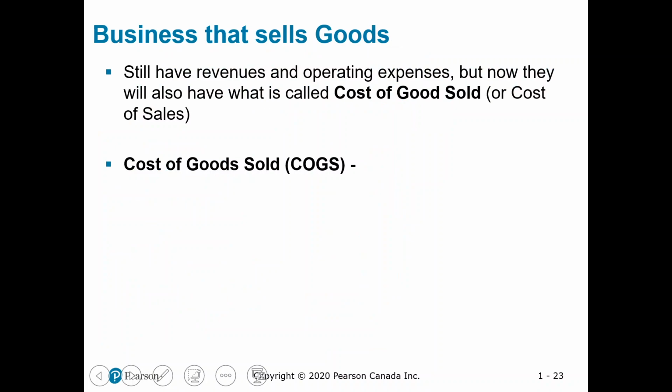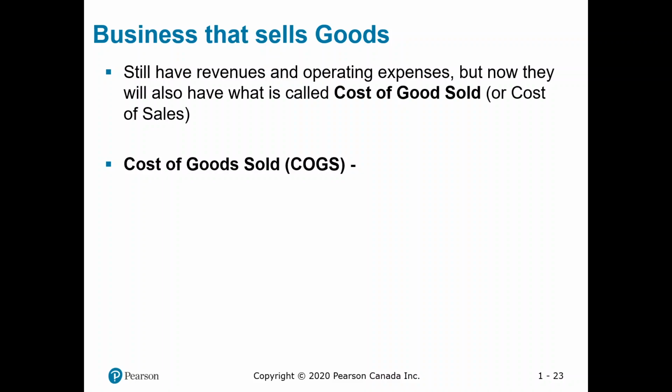Okay. So next I want to go through quickly what income statements look like for businesses that sell goods. Now I'm adding a little bit extra here. We will go into far more detail on this when we get into chapters 5 and 6. But I think it's good to see now right away what a couple of different income statements could look like.